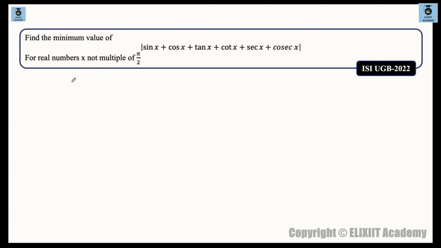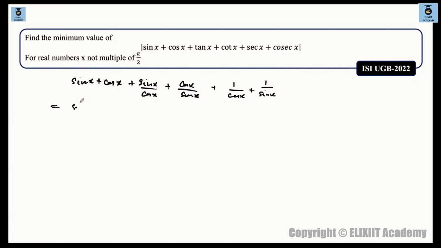So we have sin x plus cos x, and first we will simplify this. Then we have sin x upon cos x, then cos x upon sin x, plus 1 by cos x, plus 1 by sin x.